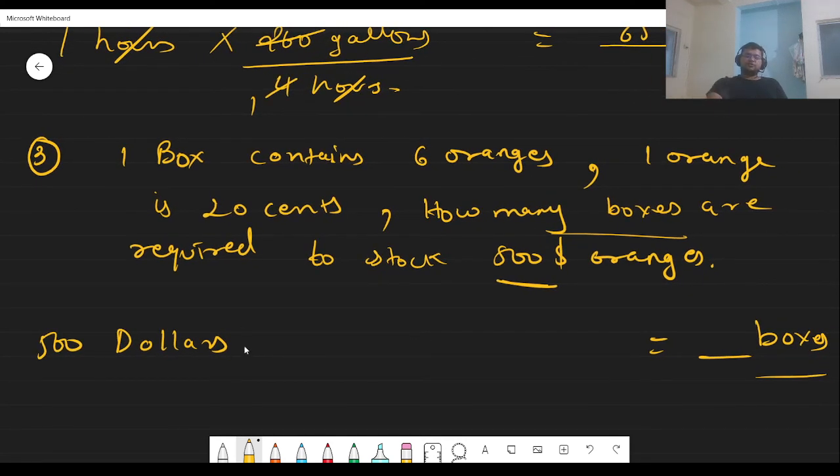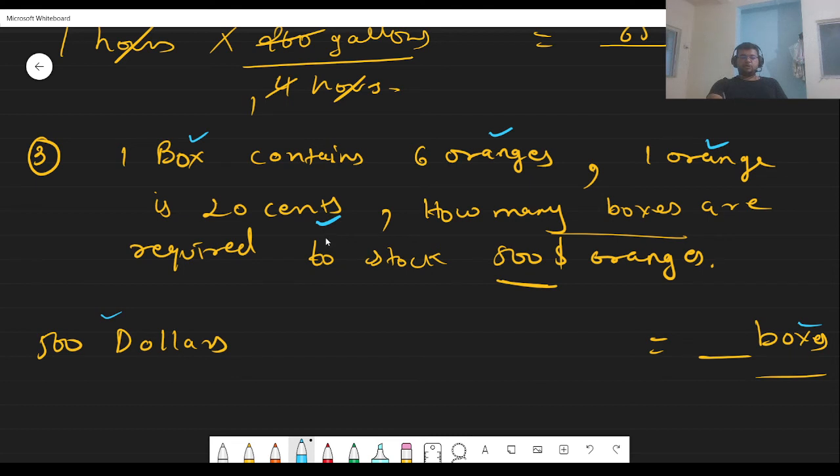We'll find conversion factors, and this type of question has more than one conversion factor. How are we able to see that? There is no direct relationship between the dollar and boxes, but there is a relationship between box and orange, and then orange and cents.